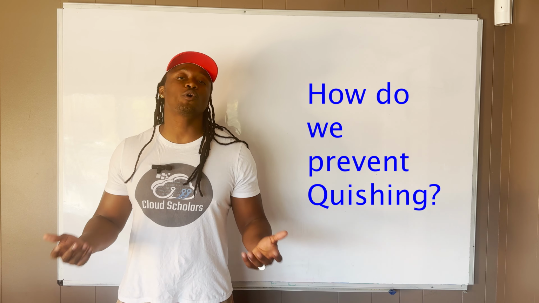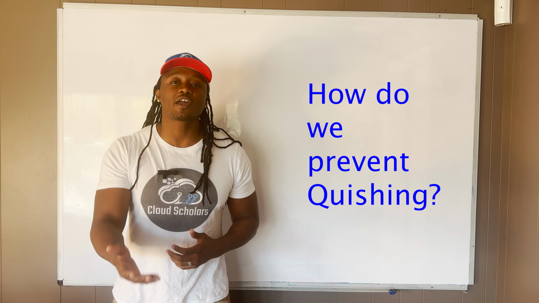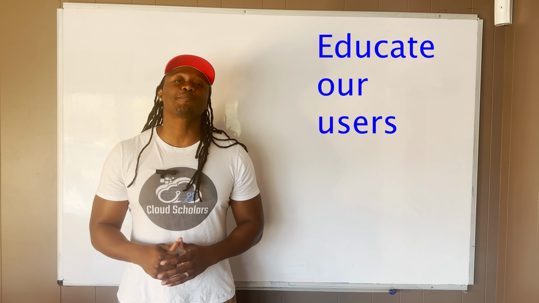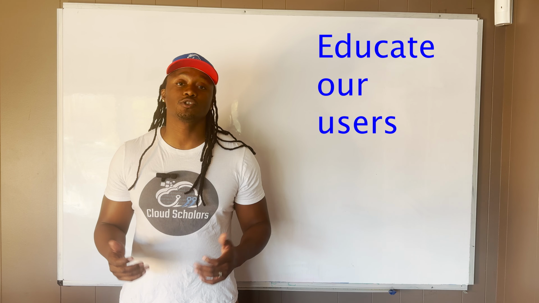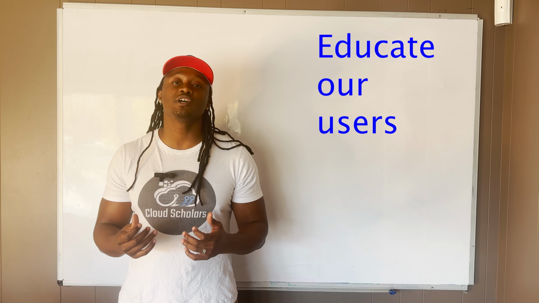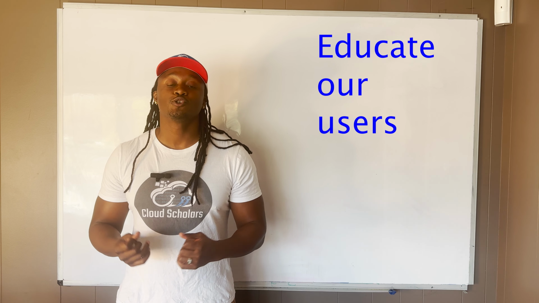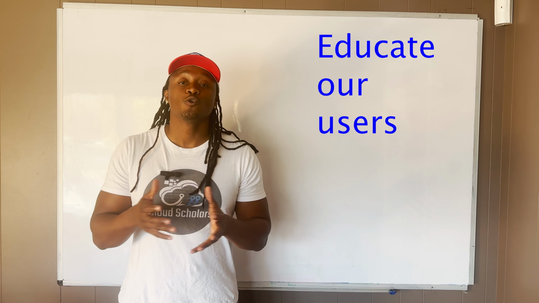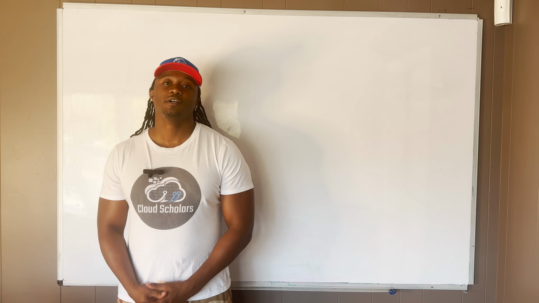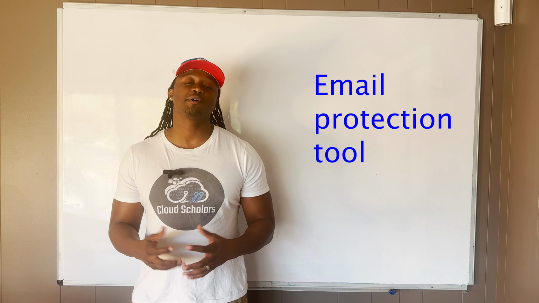So I know what you're thinking. Now we understand what Quishing is. Now, how do we prevent Quishing attacks? The first step is to educate our users. What you want to do is educate the employees within your organization to make sure that they understand what Quishing attacks are. The next one is use an email scanner.